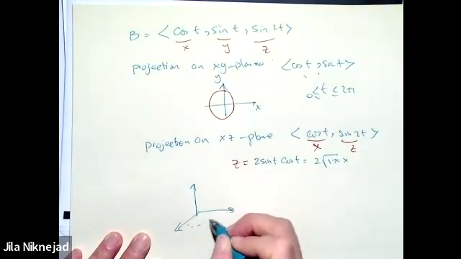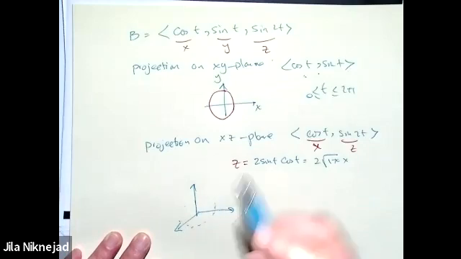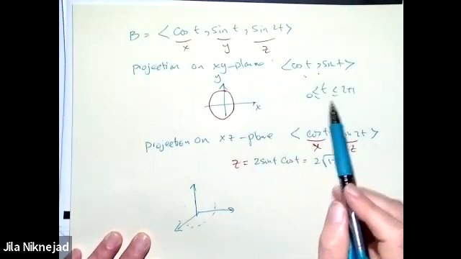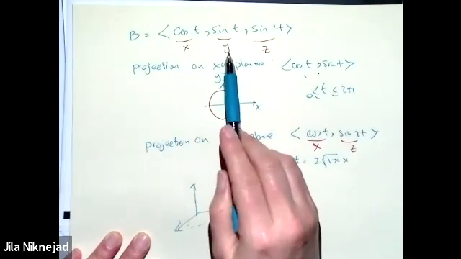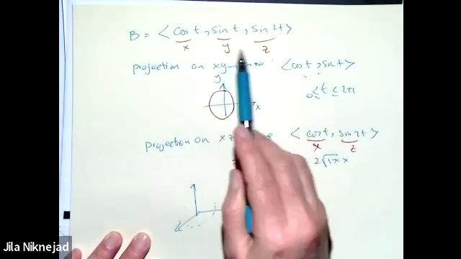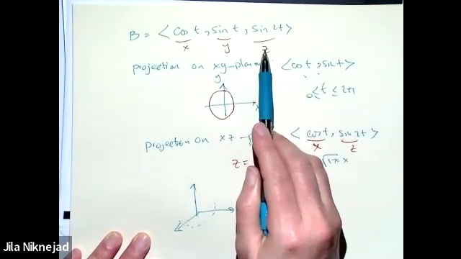Therefore, I'm going to draw the projection down here and notice that when t is equal to 0, cosine t is equal to 1, y is equal to 0, and z is equal to what? z is equal to 0 also.